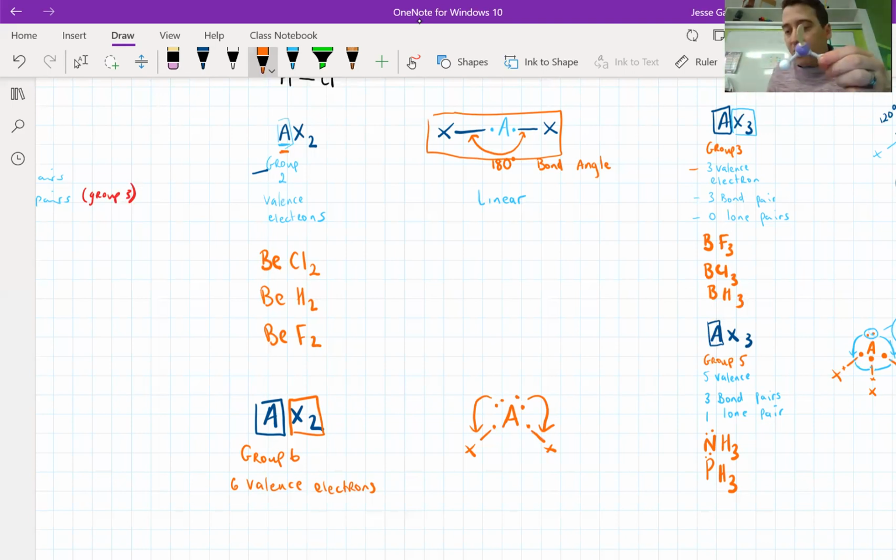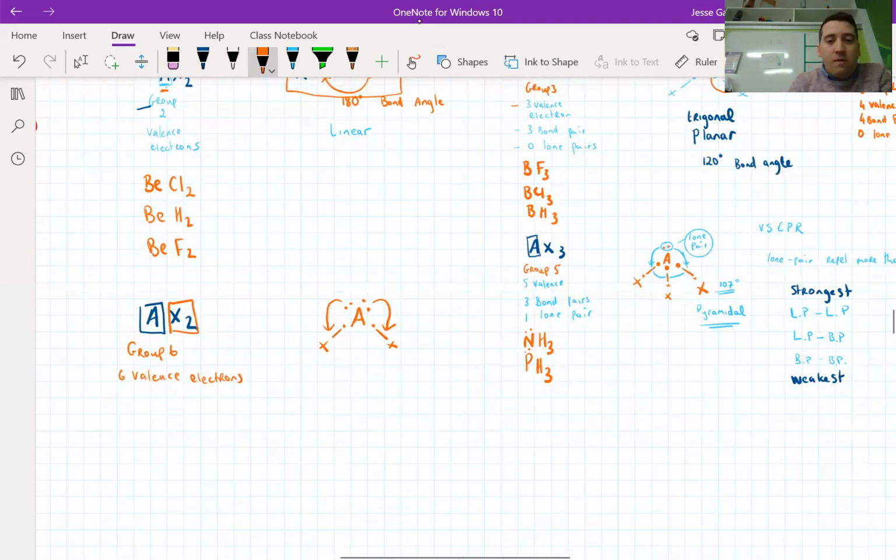But instead of being in a straight line like they were in the linear molecule, the 2 lone pairs up here on top of the central atom have repelled the 2 bond pairs. So 2 silver or gray bonds here, the lone pairs have pushed the bond pairs down in angle.